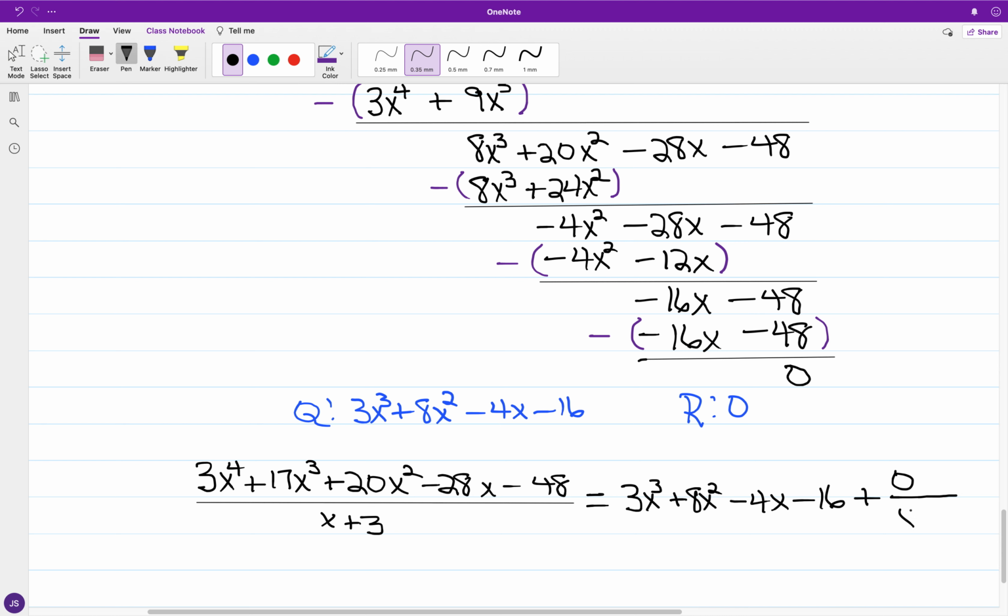So you have plus 0 all over x plus 3. This would be referencing some of the expanded notation that you might see for polynomial division when working with ALEKS. So you have the remainder over the divisor, even if the remainder is 0.